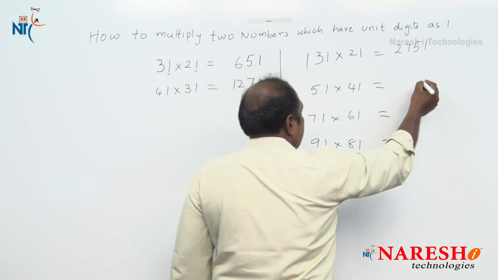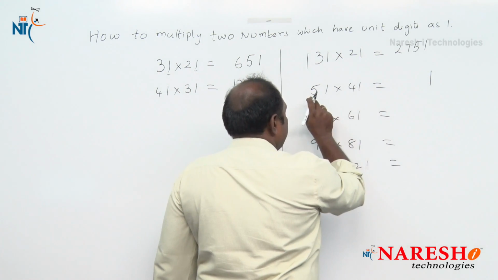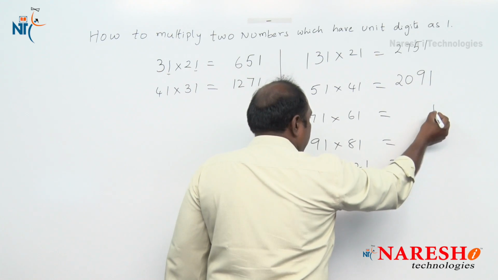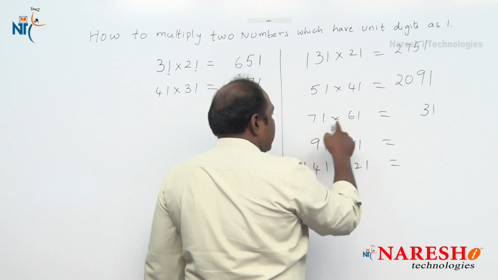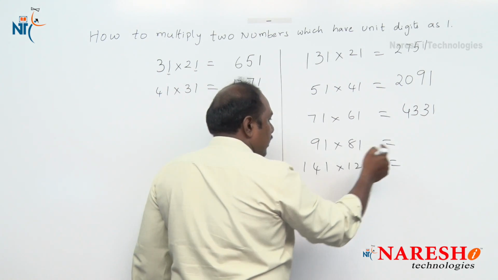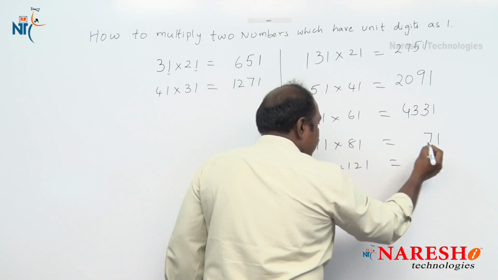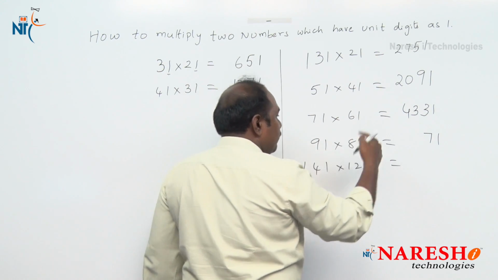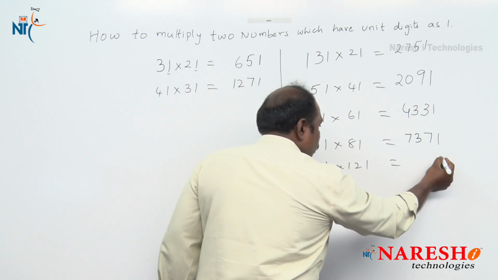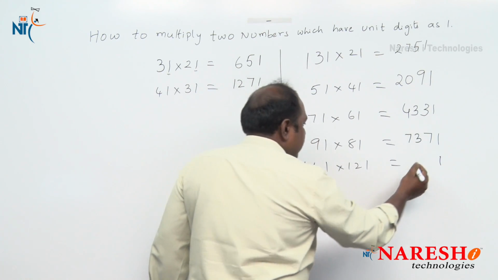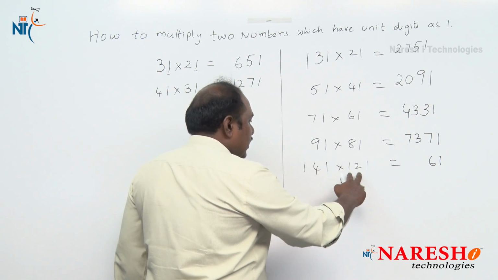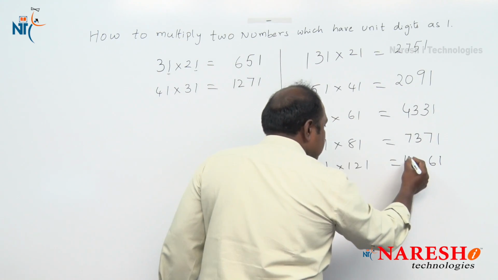51 into 41: 1 into 1, 1. 5 plus 4, 9. 5 into 4, 20. 71 into 61: 1 into 1, 1. 7 plus 6, 13. 7 into 6, 42, but there is a carry of 1, 43. 91 into 81: 1 into 1, 1. 9 plus 8, 17, there is a carry of 1. 9 into 8, 72 plus 1, 73. 141 into 121, same method: 1 into 1, 1. 14 plus 12 is 26, there is a carry of 2. 14 into 12 is 168, 168 plus 2, 170.